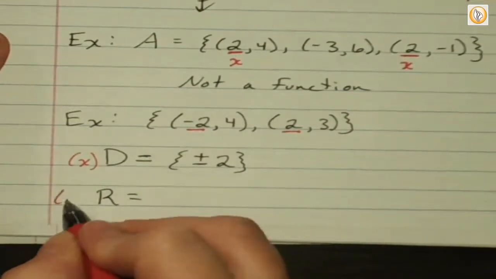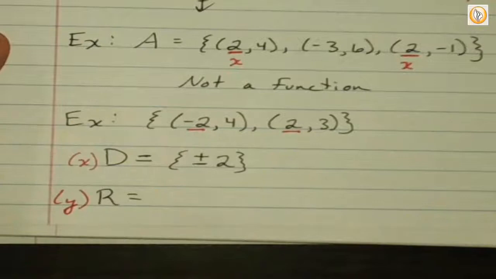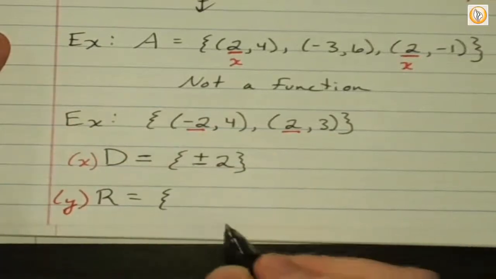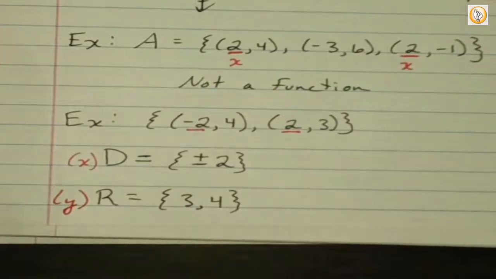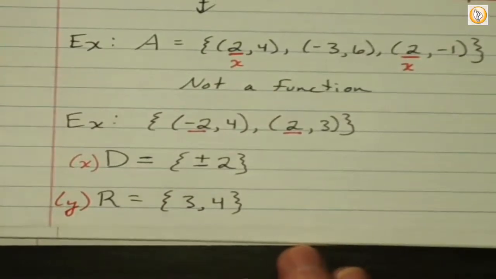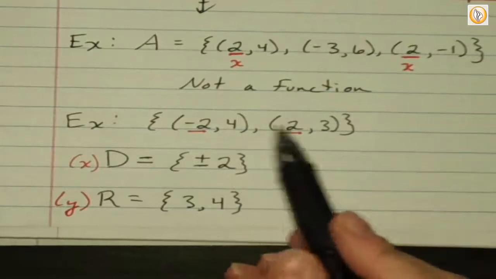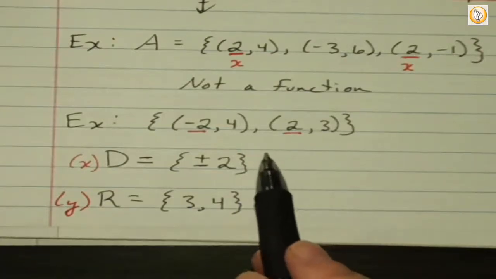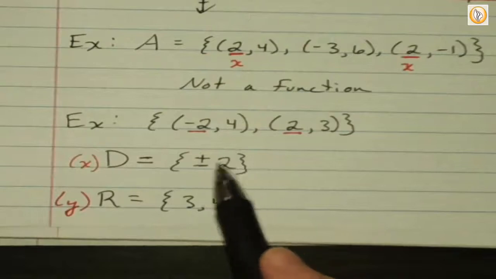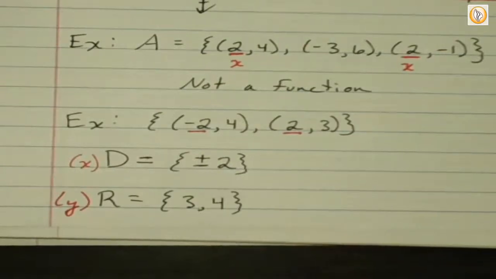That's your Y, correct? What would the range be, Aiden? It would be 3 and 4, because we want to keep it in least to greatest order. Now, if there were more ordered pairs and you had something in between, like a -1 or a 0, you probably wouldn't want to do the plus minus 2 because then you're taking it out of order. So it can be used sometimes, but not real often.